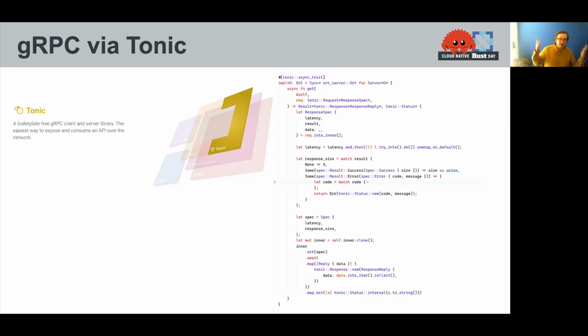We take a gRPC protobuf and we write the function that is generated by that API. And now we have a network server. This makes it really easy to build microservices or little pieces of services in Rust, again, with Tokio's async runtime.